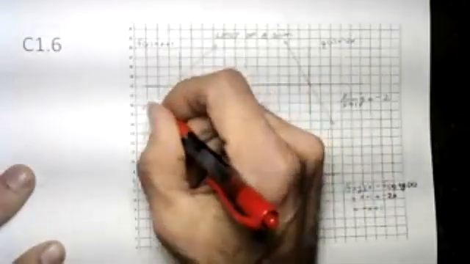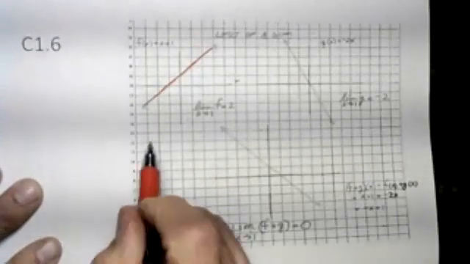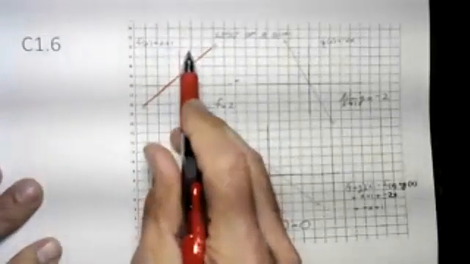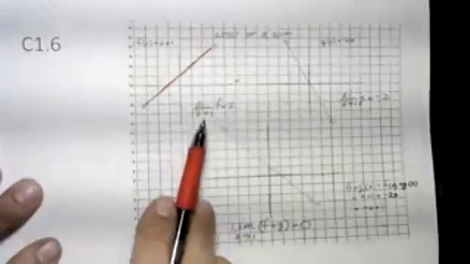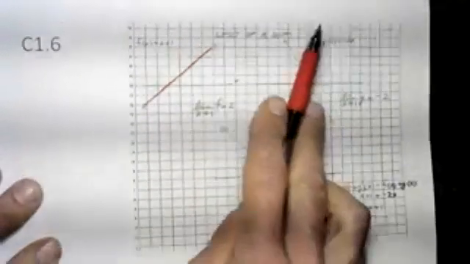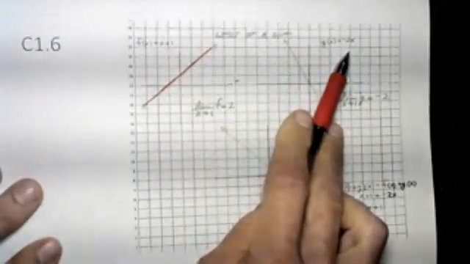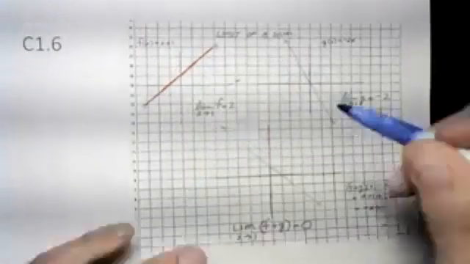F of x equals x plus 1 is this red line going up through there. It hits the y-axis at 1. The slope is 1, up 1 and over 1, up 1 and over 1, and so on. Okay, so that's the f function. And over here is the g function. G of x is equal to negative 2x. Negative 2x, try to come up with a different color for you.